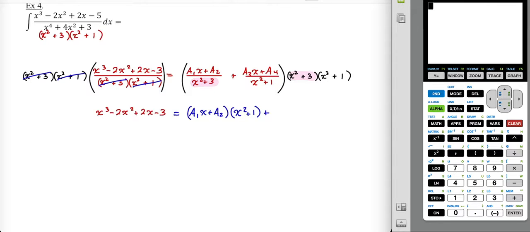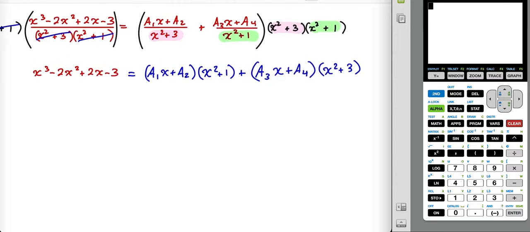And then we multiply the second fraction by the common denominator. That cancels out the x squared plus 1's, leaving us with a3x plus a4 multiplied by x squared plus 3.